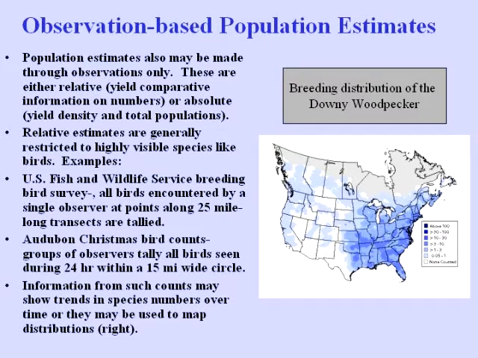Examples of relative kinds of population estimates are things like the U.S. Fish and Wildlife Service Breeding Bird Survey and the National Audubon Society's Christmas bird count. This map that you're looking at here is actually generated from breeding bird survey data. However, the data are relative data.